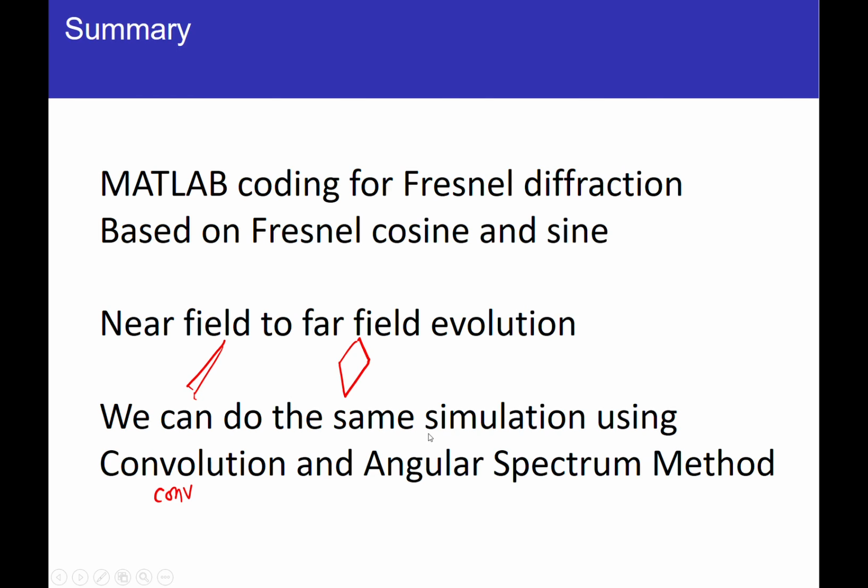Okay. So today what we have learned is that, utilizing the Fresnel routine that I gave to you, we can actually simulate near field to far field evolution. Okay, and this could be applied to any type of aperture. So we are going to think about other cases in the coming classes. Okay, thank you.